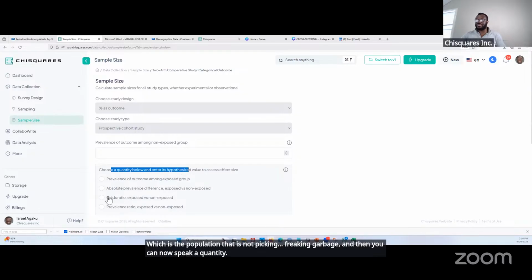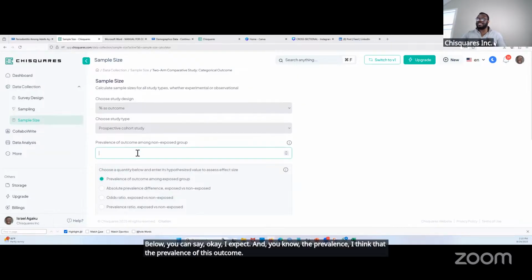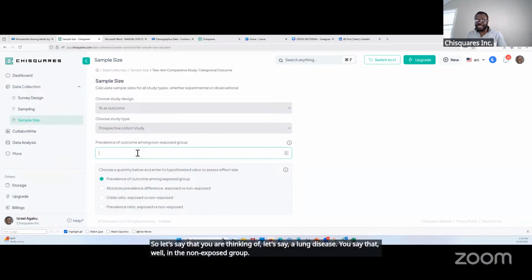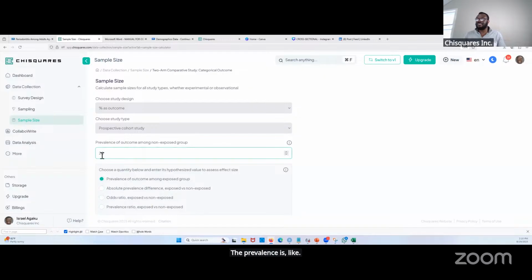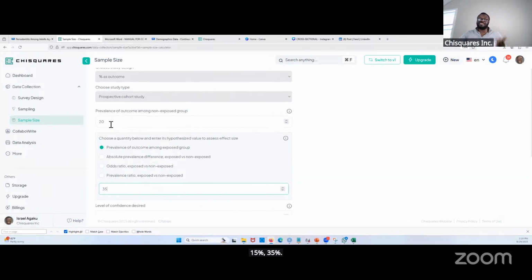You can say, okay, I expect the prevalence of this outcome, so let's say you are thinking of a lung disease. You say that in the non-exposed group the prevalence is like 20%, but I think that the prevalence of this outcome among this group will be like 35%, 15 percentage points higher.